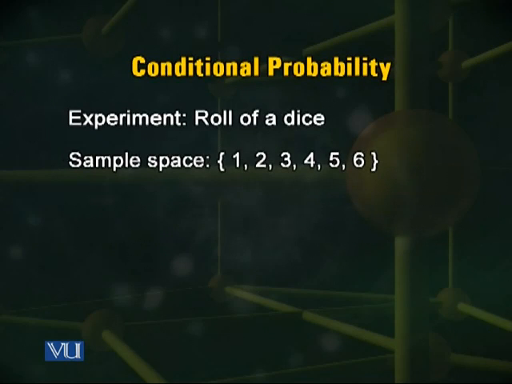Suppose your friend rolls a dice on the table but hides the dice from you with his hand. So the dice has been rolled, it has come to rest, but behind the hand of your friend. You don't know what the top surface is, how many dots are there on the top surface, but your friend knows.